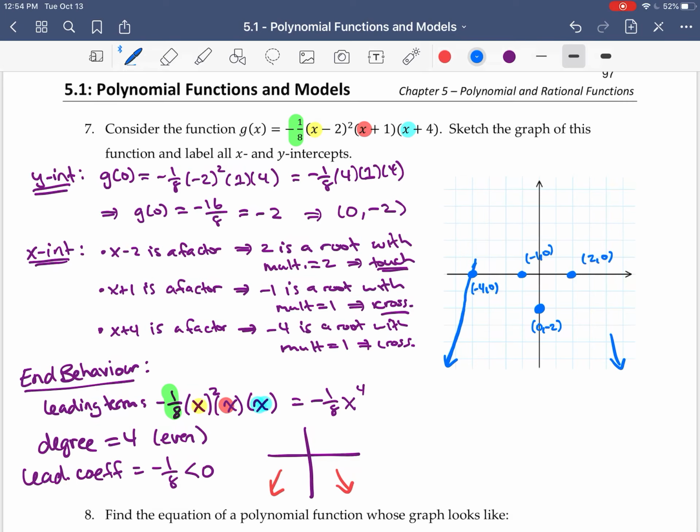Okay, so I cross, I go up some amount, I don't know how much, and I cross at negative 1, I go to the y-intercept. I don't know if I cross or not. Okay, so maybe I cross, but then I come up, I just touch this x-intercept, so I don't cross, and then I come back down. So my graph would look something like that here.